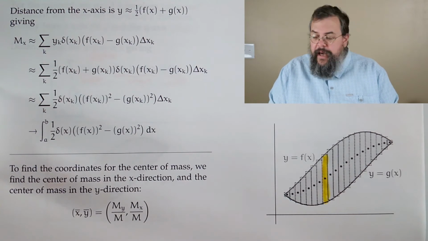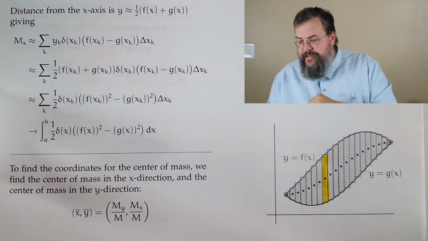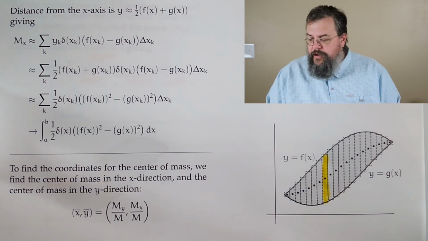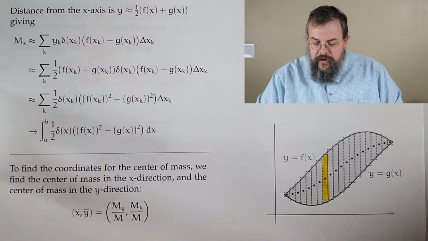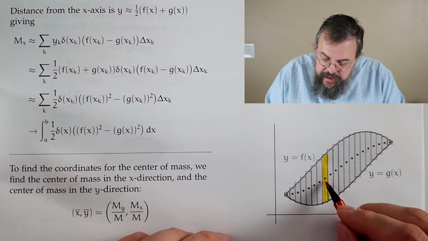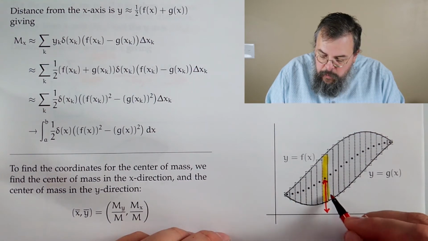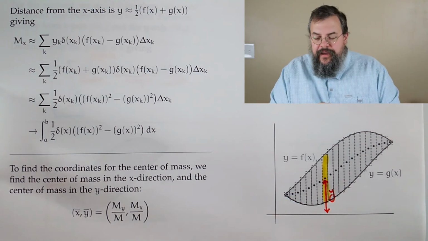We have our center of mass. How far is it away from the x-axis? Well, if I want to get to the x-axis, what do I do? I drop straight down. So my distance to the x-axis is y. So y is my distance to the x-axis.